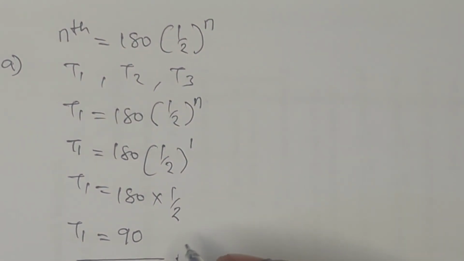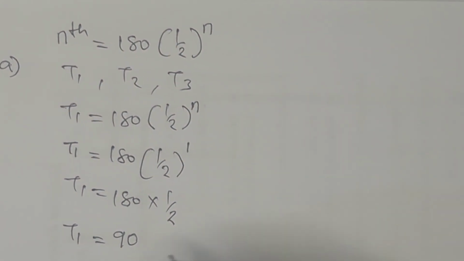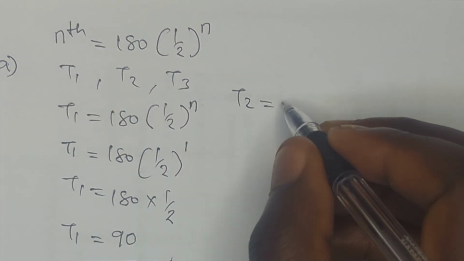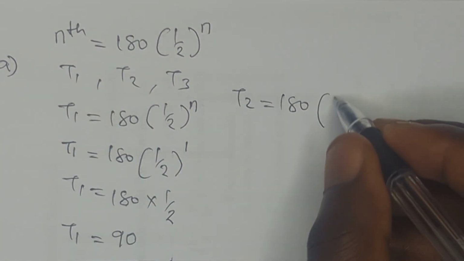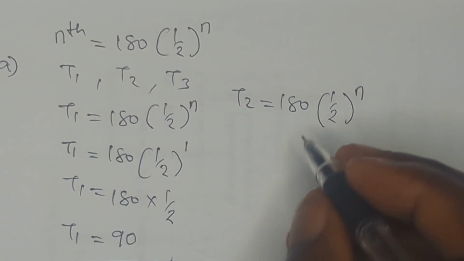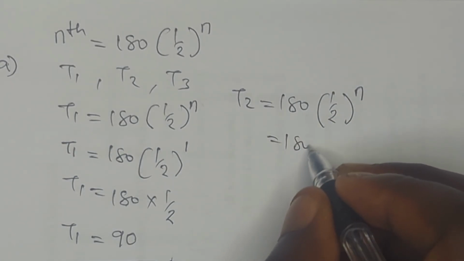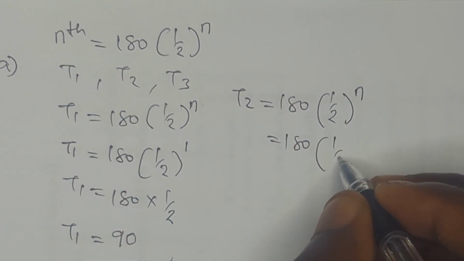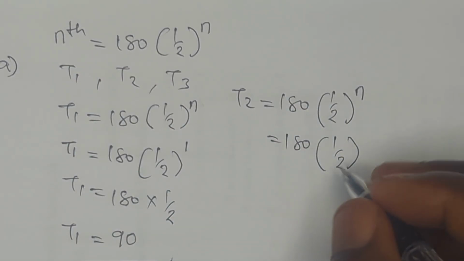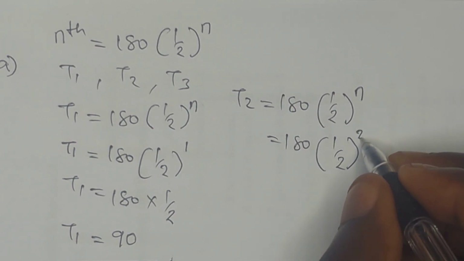So the other term, which is T2: T2 is equal to 180. We are still applying the same formula that has been given. So 180 half to the power, here we are going to put 2 since we are finding the second term.